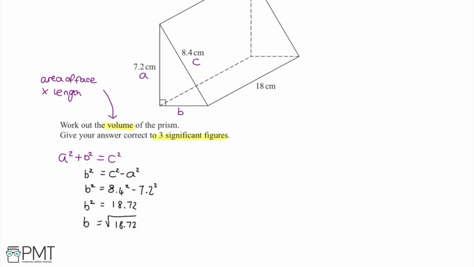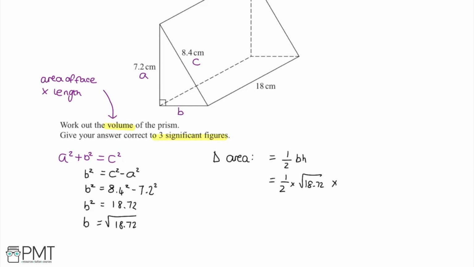So to carry on with this process, we've now found the missing side, B, and I now need to find the area of the triangular face. So the area of the triangle is going to be equal to a half multiplied by the base multiplied by the height. So we can take that as a half and substitute in the two values. The base is going to be side B, which is this root 18.72.